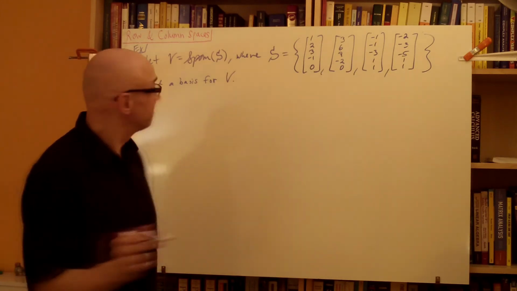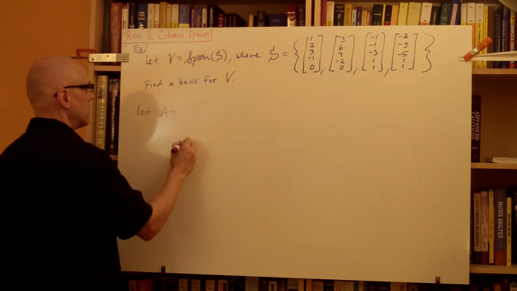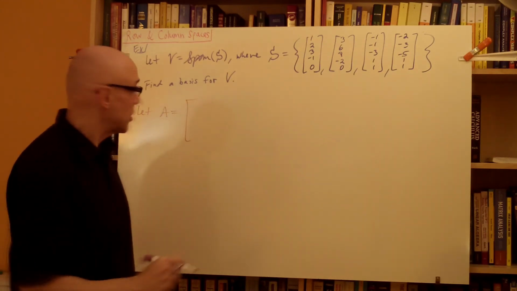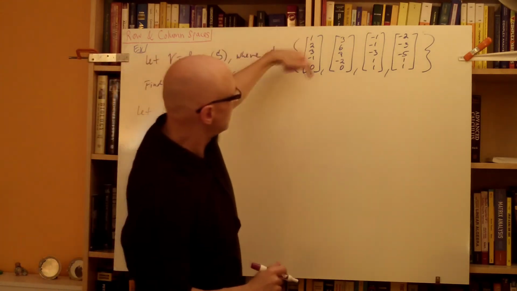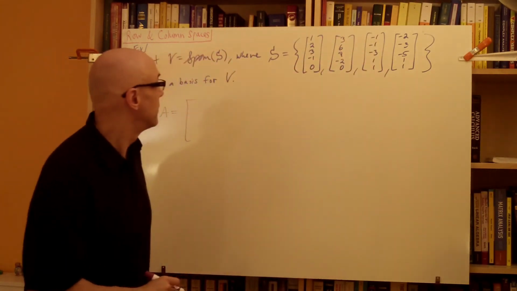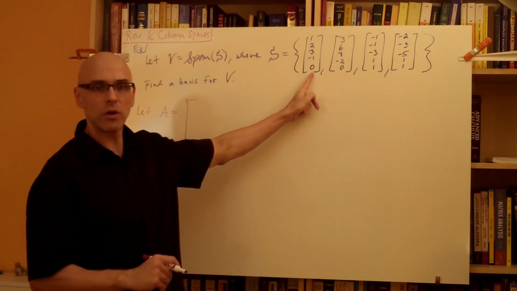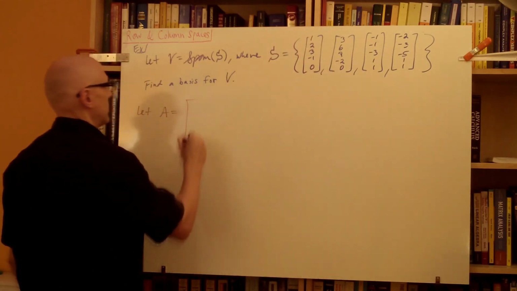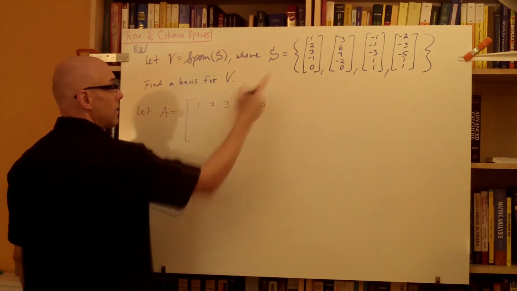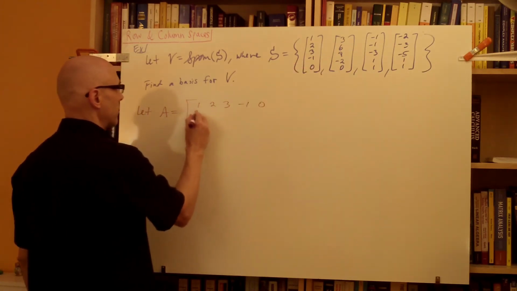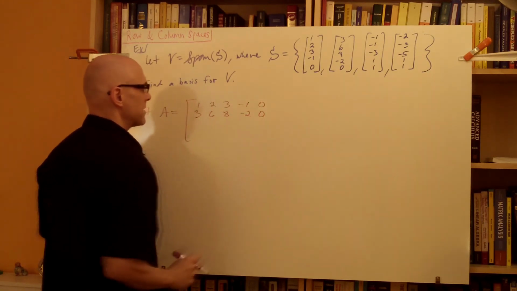The trick will be to set up a matrix A. Let A equal the matrix whose rows will be made up of the entries of these four vectors. This vector here, 1, 2, 3, negative 1, 0, will be the first row of A. 3, 6, 8, negative 2, 0 will be the second row of A. Does it have to be the second row?